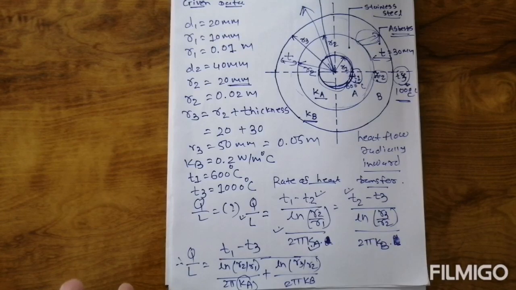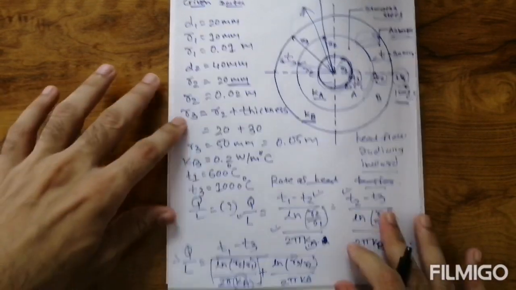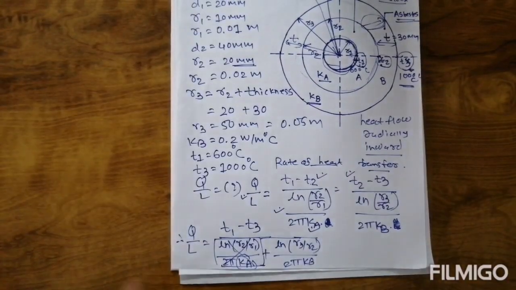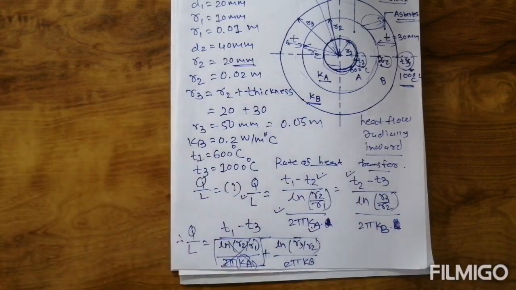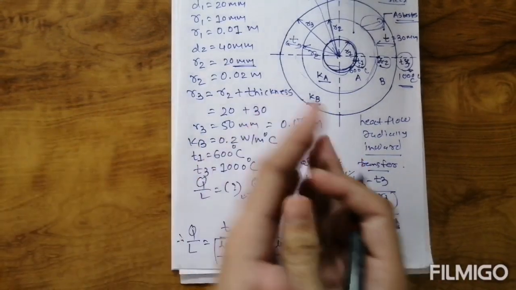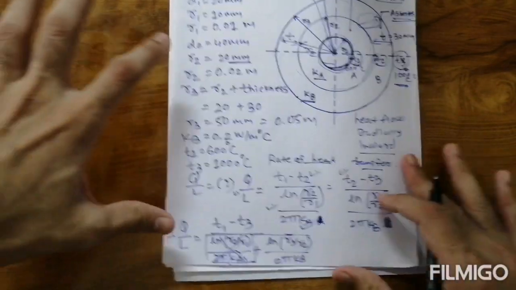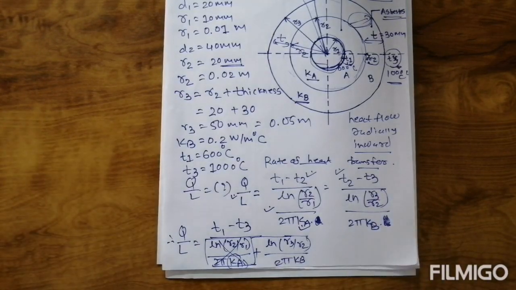Why are we neglecting it? Because its thermal conductivity is not given, and from those 3 equations we cannot find it out. So we just neglect the thermal resistance of the stainless steel.